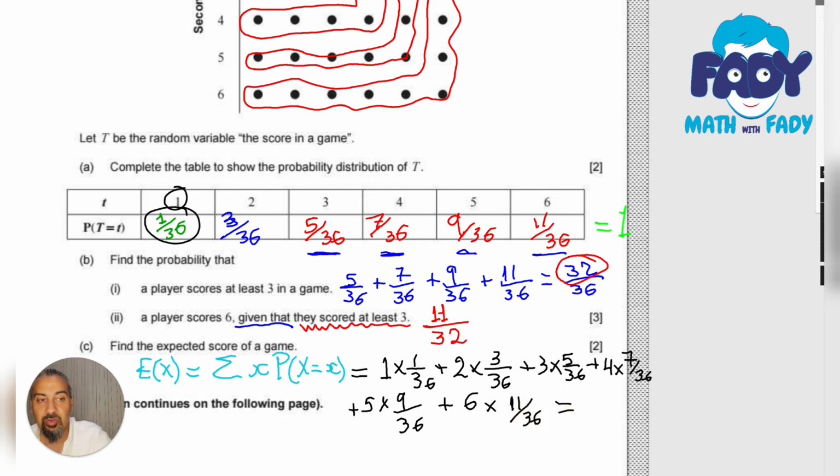When we calculate all this, we get 161 over 36. So this is the expected score of the game, 161 over 36. This is not a probability, so it's normal to be more than 1. There is no problem. So that's it for this question.